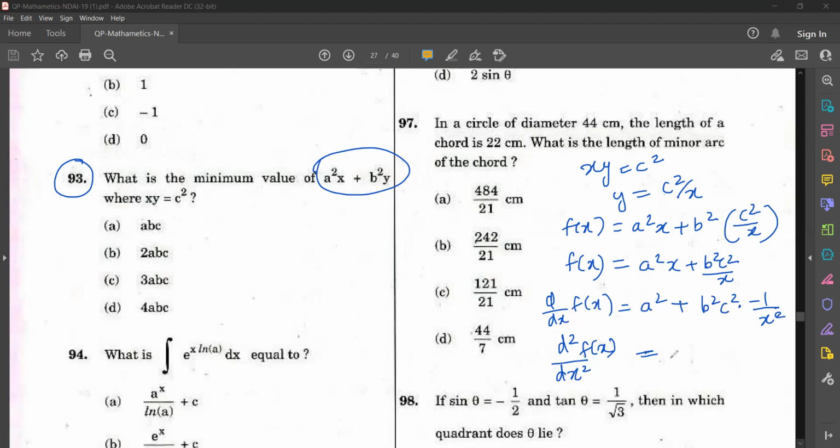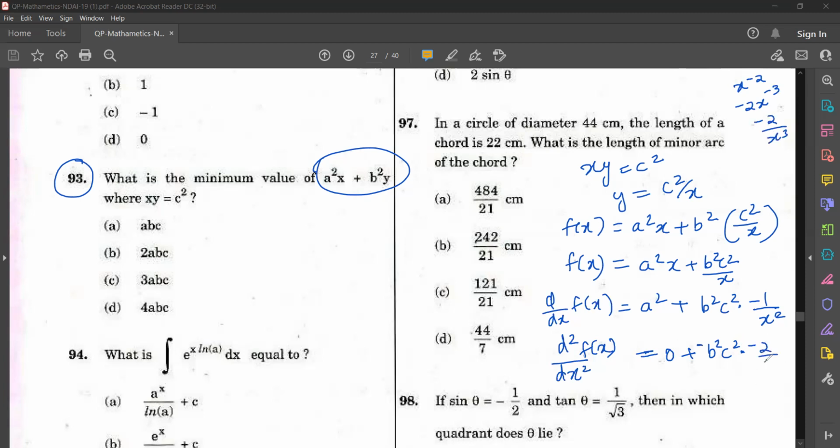Take again derivative, a square derivative is 0. B square c square minus b square c square, let it be there. What is the derivative of 1 by x square? That means 1 by x square means x raised to minus 2. So minus 2 x raised to minus 2 minus 1, that is 3. So minus 2 by x cube.